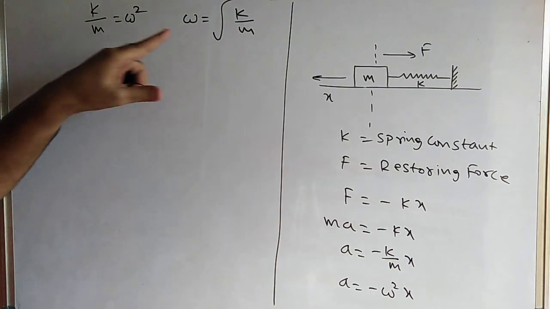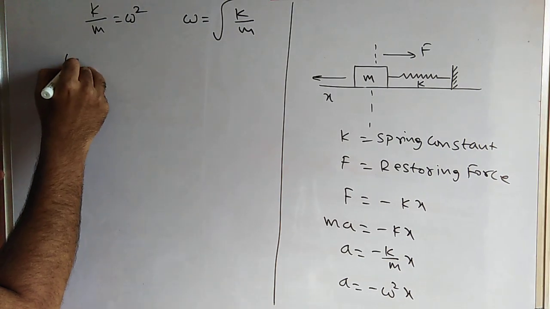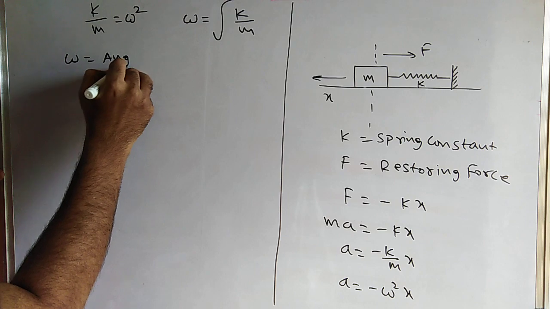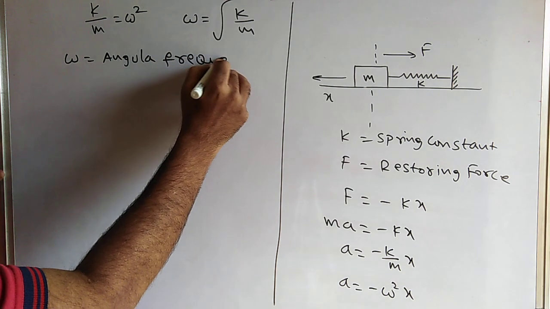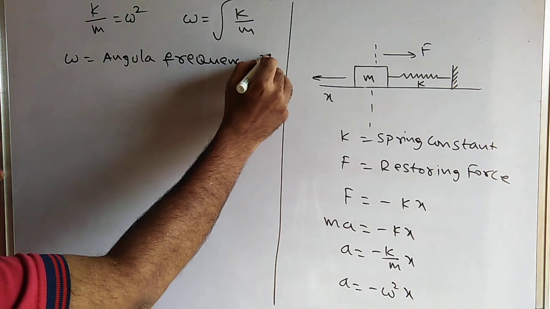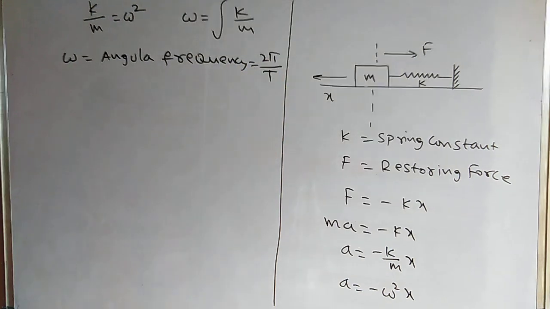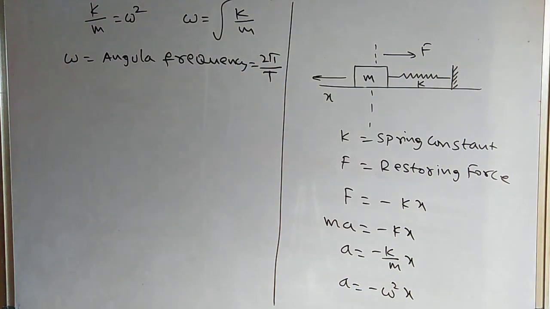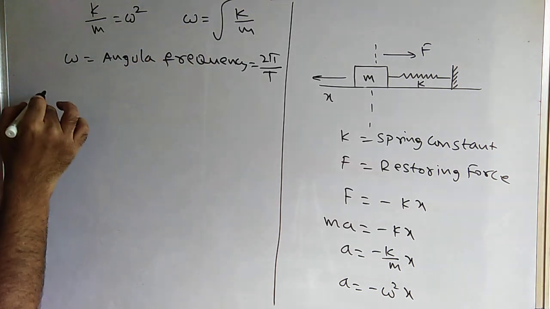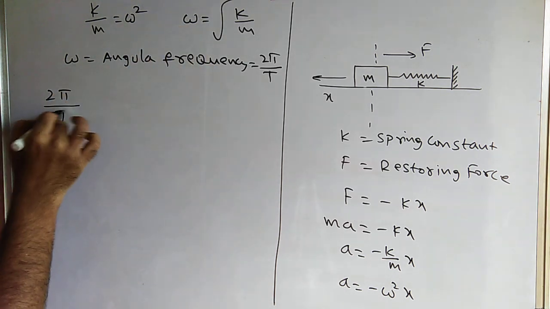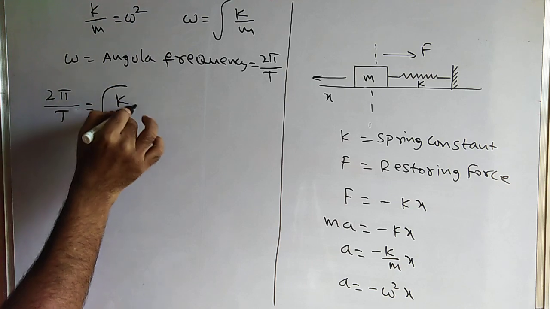Here omega is nothing but the angular frequency, which is equal to 2 pi by capital T. Let us substitute in the place of omega: 2 pi by capital T is equal to root of k by m.